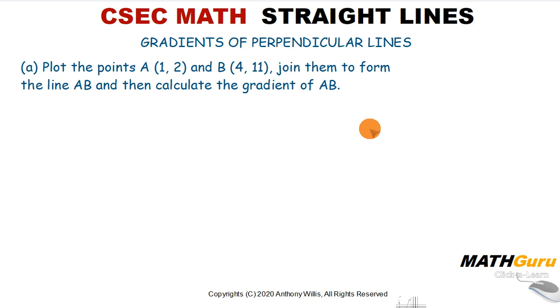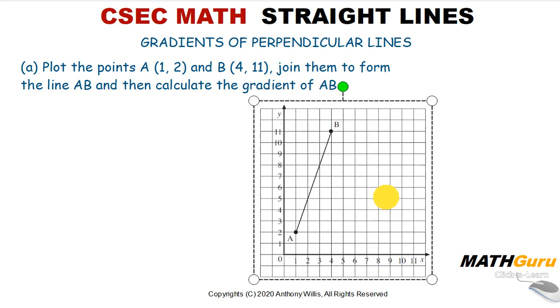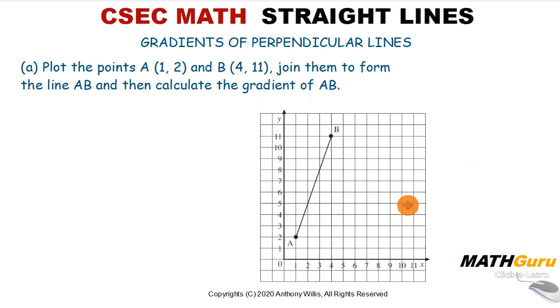So you're asked to plot the points A and B, join them to form the line AB. So let's see how that's done. We have the graph paper.